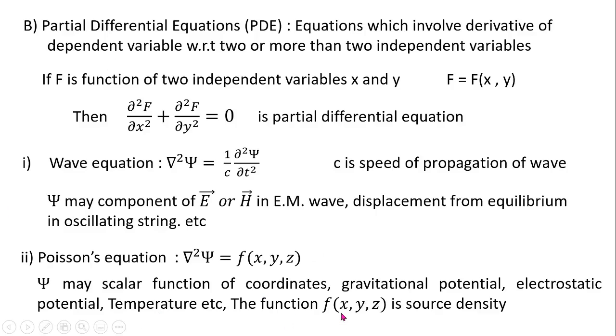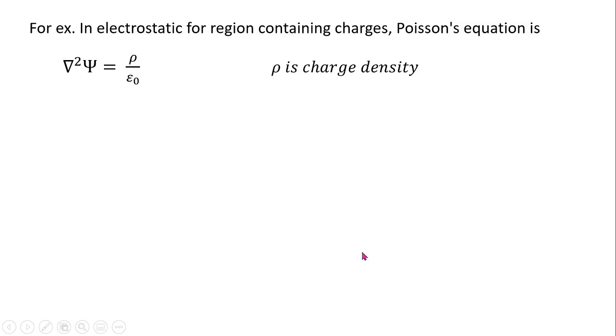The function f of x, y, z is a source density. In this equation also, there are more than two independent variables. Therefore, this equation is a partial differential equation.